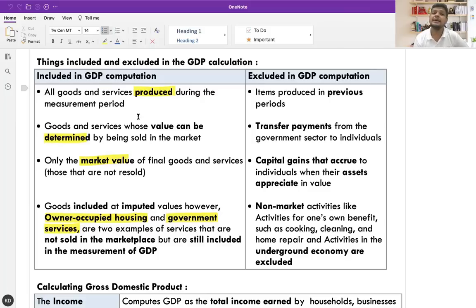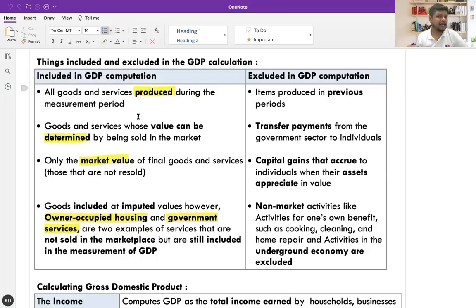So government services are part of the economic activity, even though they may not be charged to us directly. For example, for the police, I don't have to pay for the police. I don't have to pay for the army directly, right? But that is considered as a part of the economic activity. So two important things: your house, owner-occupied housing, and government services are included in the GDP computation. Is that clear, everyone? Yes.